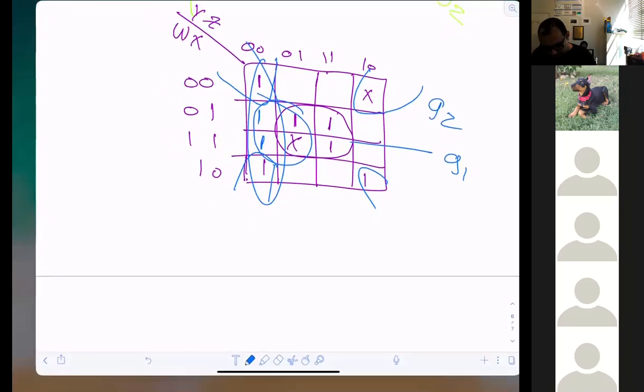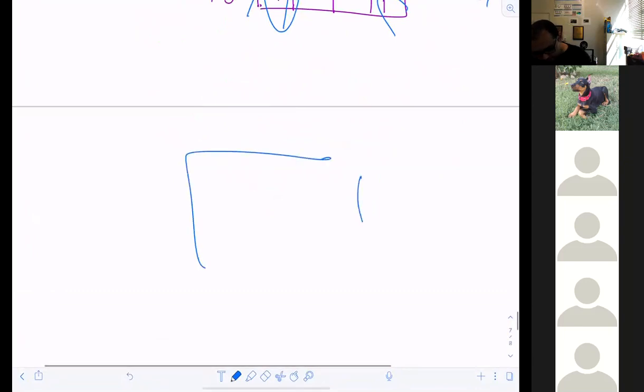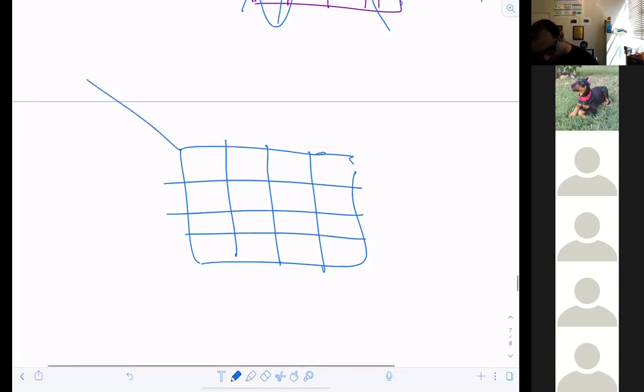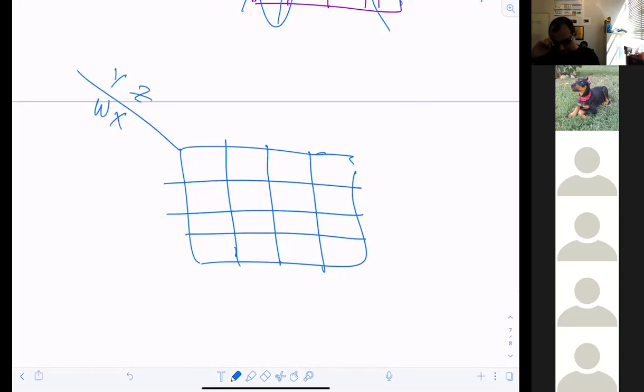So let's have the 1, 2, 3, 4, 1, 2, 3, and then like this, W, X, Y, Z. And then let me think. Let me find you some fancy question. I like fancy questions.